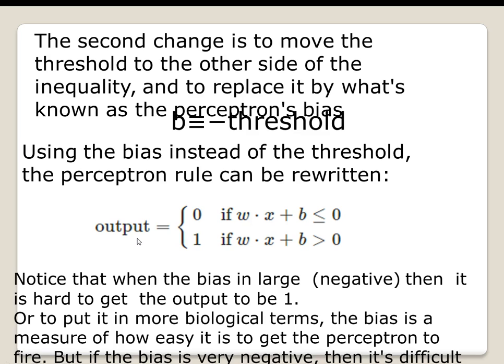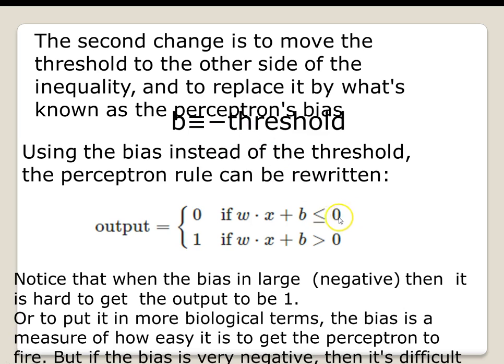Now the second change is to move the threshold to the other side of the inequality and replace it by what's known as the perceptron's bias. The bias is just the negative of the threshold. So first of all, this is w dot x. We already dealt with that part. But before, we had the threshold over here; we're calling b minus the threshold.